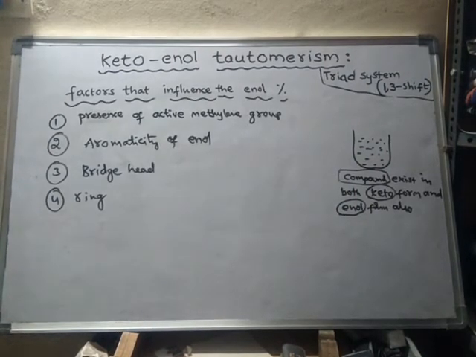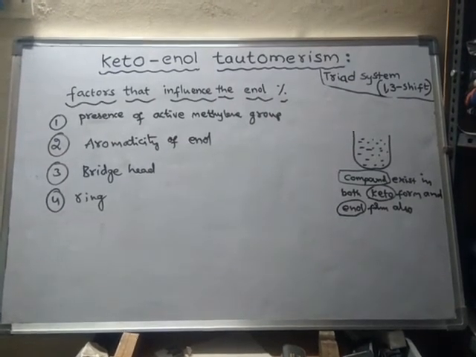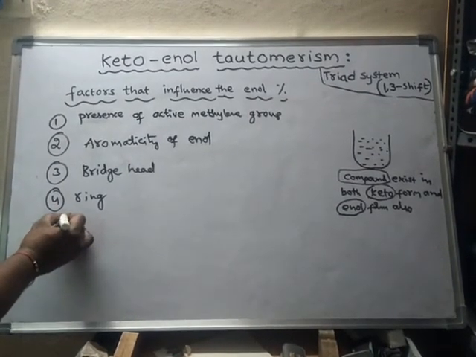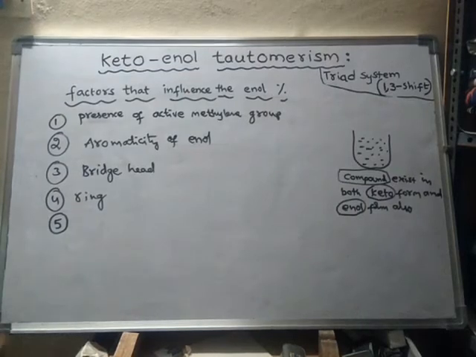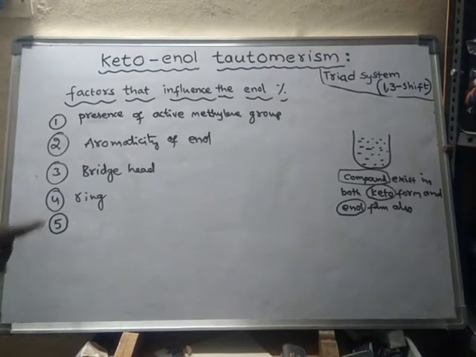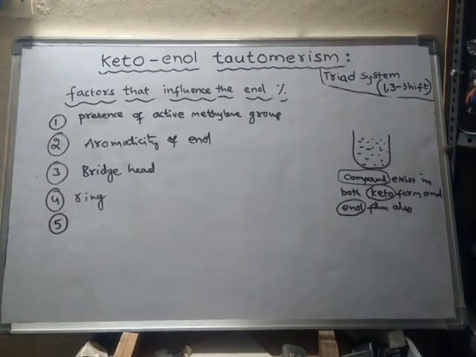In cyclic ketones, the percentage of enol form will be more when compared to non-cyclic, acyclic ketones. If the carbonyl compound is present in the form of a ring, then the enol percentage will be somewhat more when compared to the acyclic form.